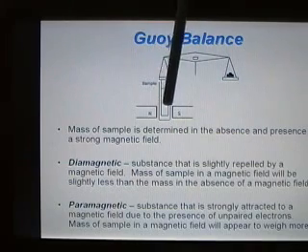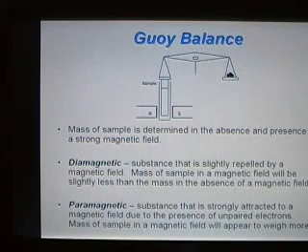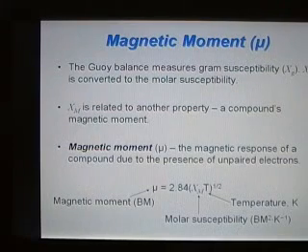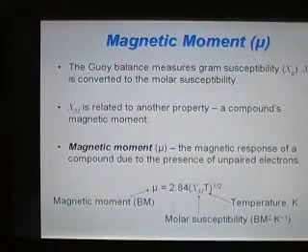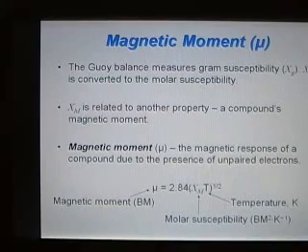When the sample goes down and appears heavier than the weighted side, that means the sample is paramagnetic. Now, we talked about measuring susceptibility, and the Gouy balance measures gram susceptibility. And you can use the molar mass of a substance to convert gram susceptibility to molar susceptibility.